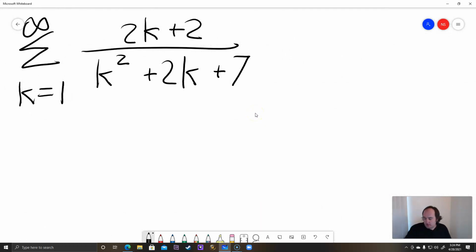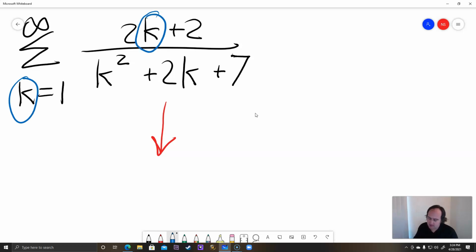Keep in mind on your homework it won't be exactly these same numbers, but it'll still be a similar problem, just with different numbers. Same setup, different numbers. Okay, so what we got here is we're going to convert this into an integral. So what's this going to look like as an integral? Well, we're going to replace every single k we see there with x instead. So all those k's are going to become x's.